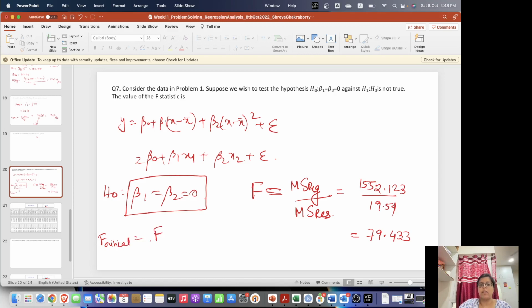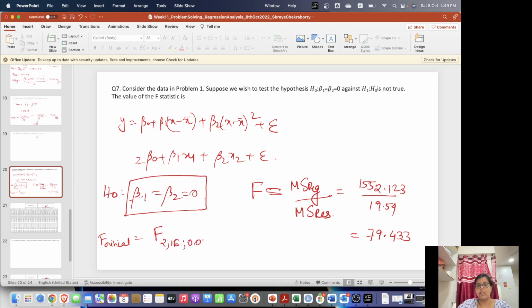We should compare it with an F with df1 and df2 equal to 2, 16. Okay, because here there are two restrictions and the full model had a df of 16, error df 16.